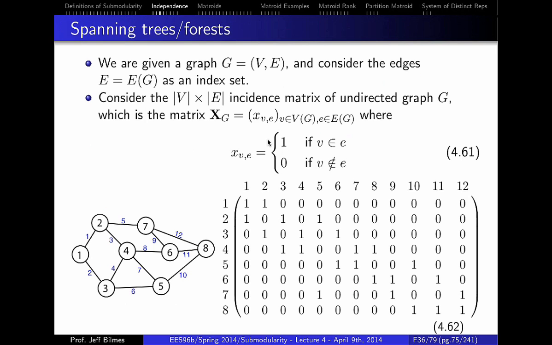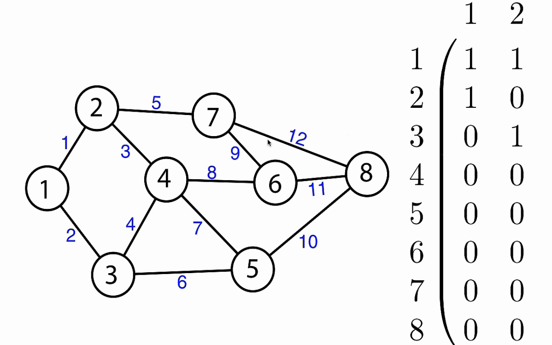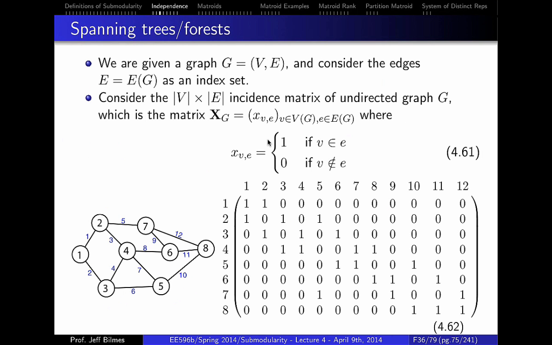So here's an example. Let's say that we've got a graph, and here's the graph down here. So it's a graph with 8 vertices and 12 edges. Okay? And we can construct an incidence matrix from this graph. The incidence matrix has rows corresponding to the vertices and columns corresponding to the edges.